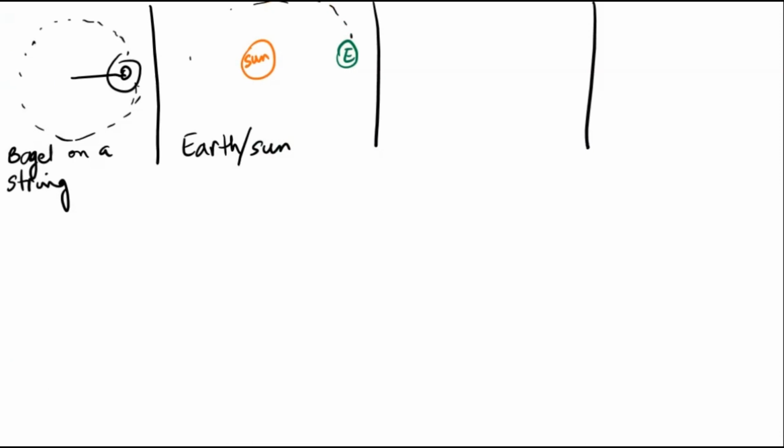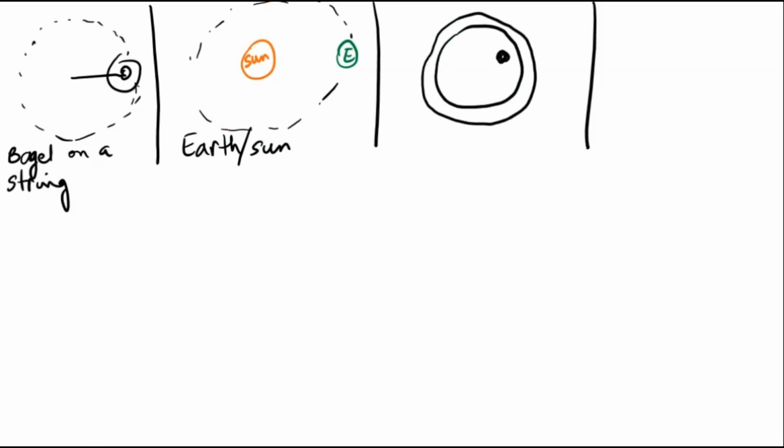We're going to consider it a circular path, but we already know it's kind of an elliptical path. Another example is you can have a hoop and place a marble in the hoop and make it move around the edges of the hoop, and that's also going to follow a circular path.